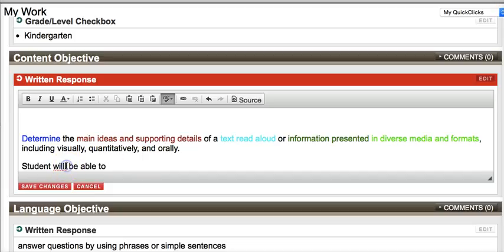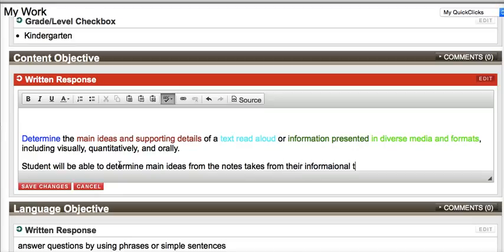Determine what? Main ideas from the notes taken from their informational text.